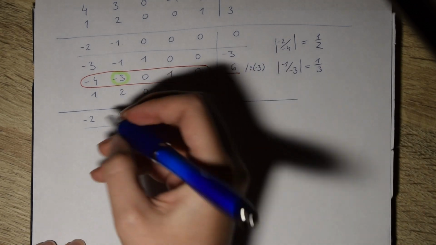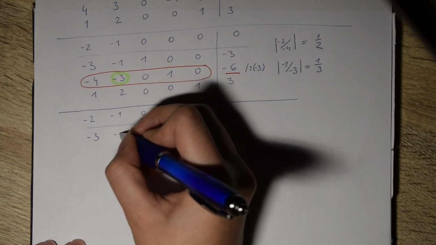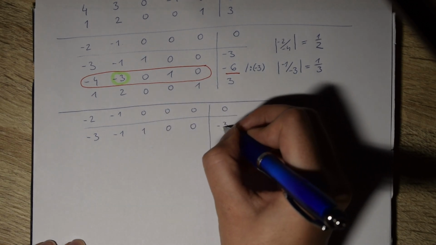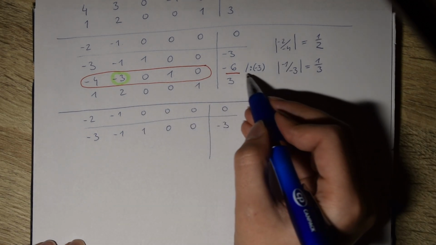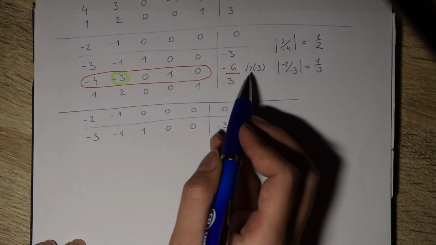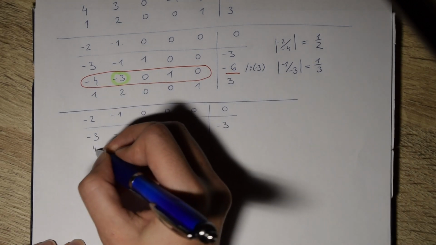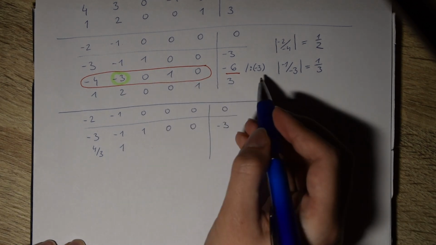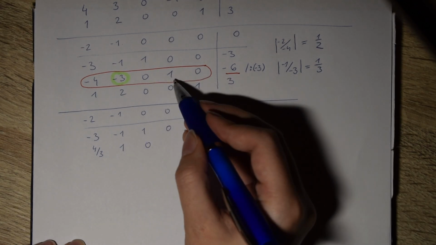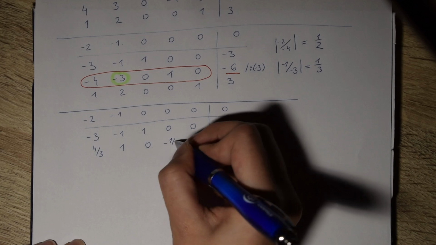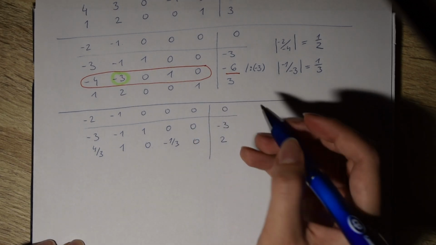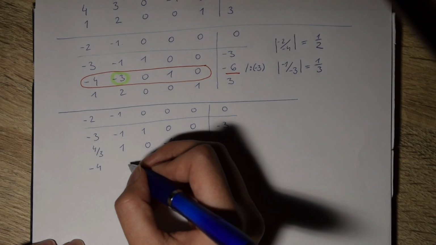Second row will be the same. Third row we divide by -3 and get 4/3, 1, 0, -1/3, 0, and 2. Last row will be the same.